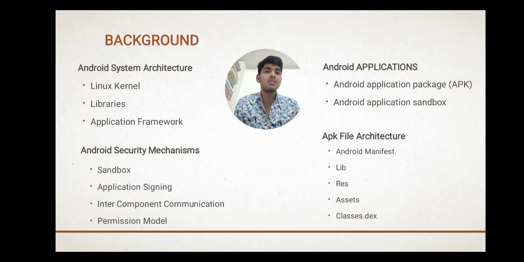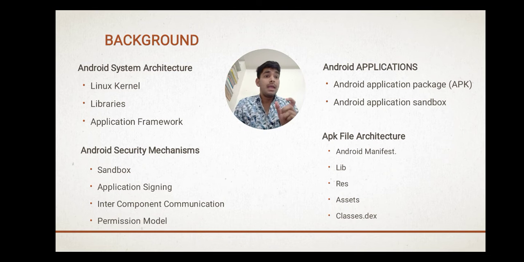Second, an Android application consists of two parts: the Android application package, APK, and the Android application sandbox for security. APK files are used to distribute and install application software and middleware on the Android operating system, and the sandbox helps to isolate the app data and code execution from other apps.